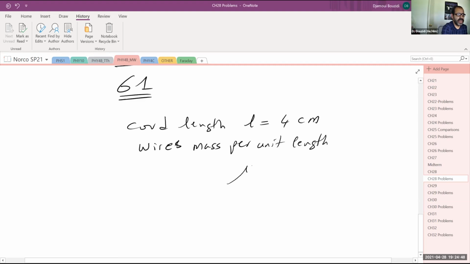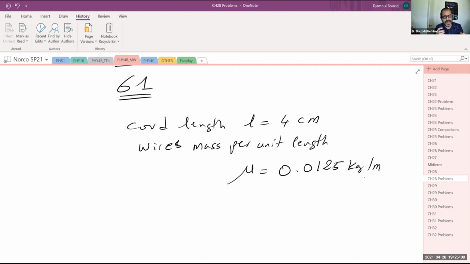I don't know if you use the letter mu or not for it, but that's how sometimes it's referred to, is 0.0125 kilograms per meter, okay? So that's how much these wires weigh for each meter. Obviously, if I bring a meter, the meter will weigh about 12.5 grams.